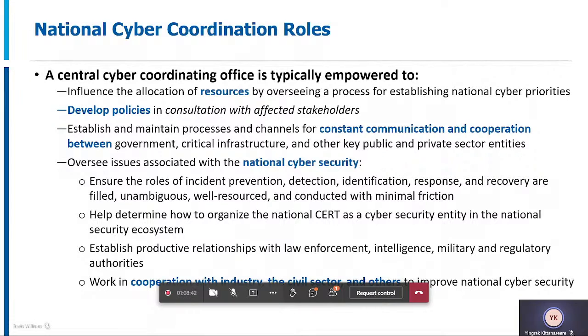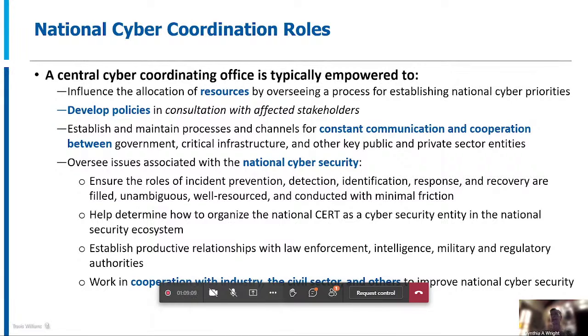So some things that a National Cyber Coordinator can do, this is a little bit summing up from the slide before, is influencing but not necessarily controlling the allocation of resources by helping the country, the government, understand what its national cyber priorities should be. They help develop the policies, and it is very important that they do that in consultation with the affected stakeholders.